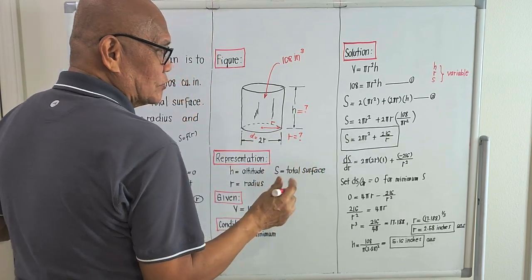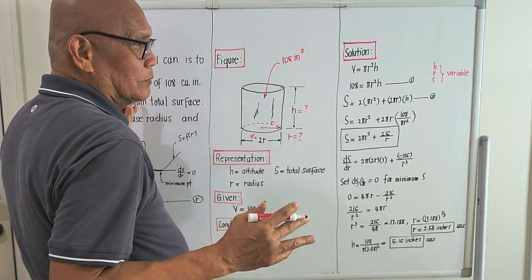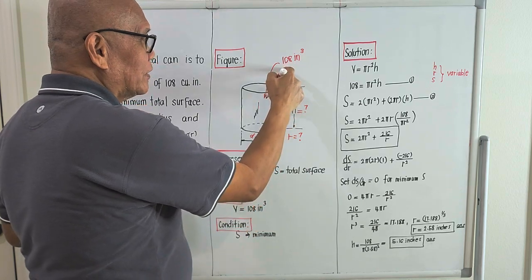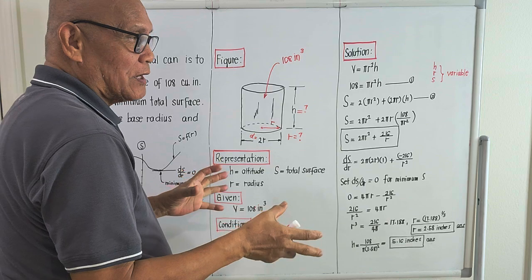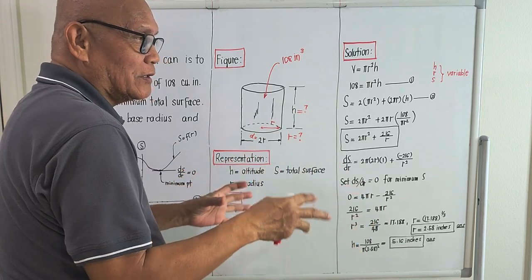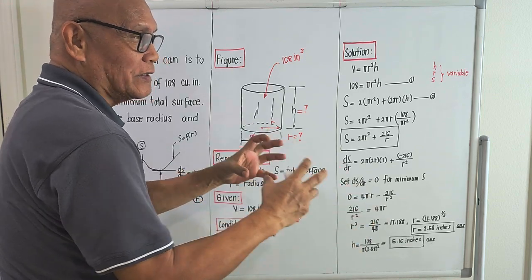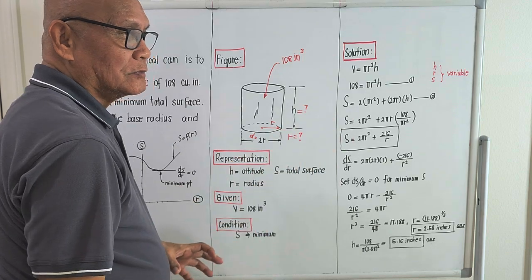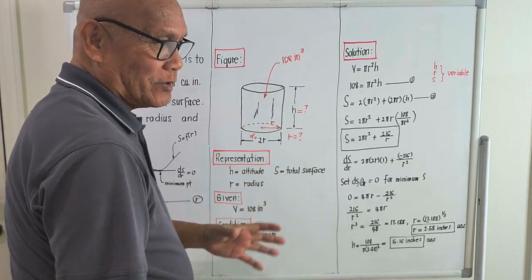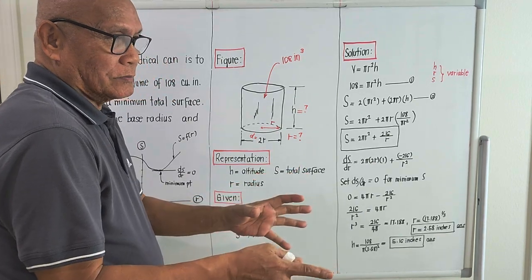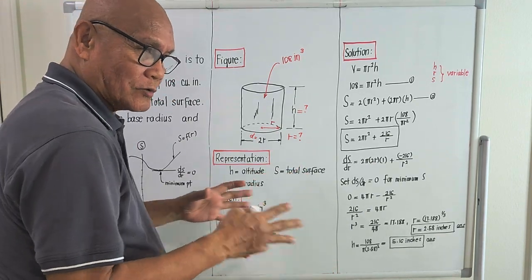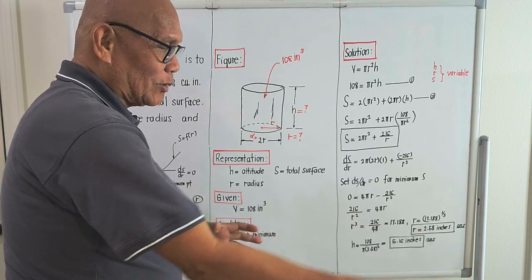When we compute the volume, it will give us 108 cubic inches. And the surface area of the tin can needed in manufacturing will be minimum. Of course, the management would like the material to be minimum. If the material is minimum, the profit will be maximum.